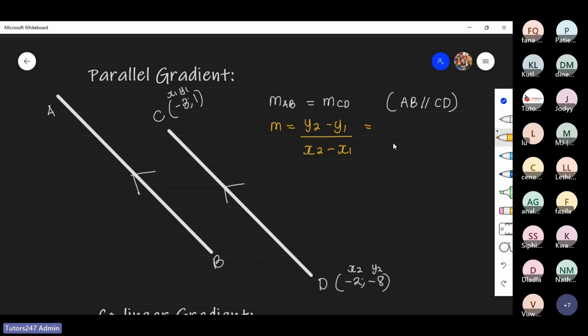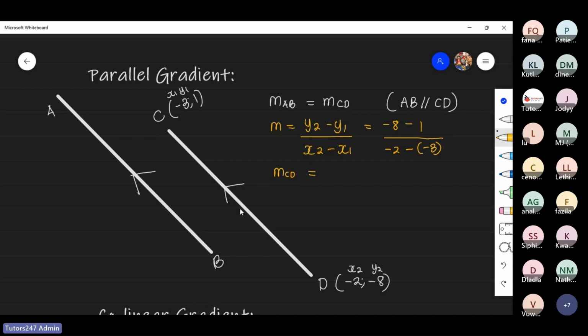So we've got y2, which is -8, minus y1, which is +1, all over x2, which is -2, minus, this is x1, which is -3. So we can put this into our calculator.